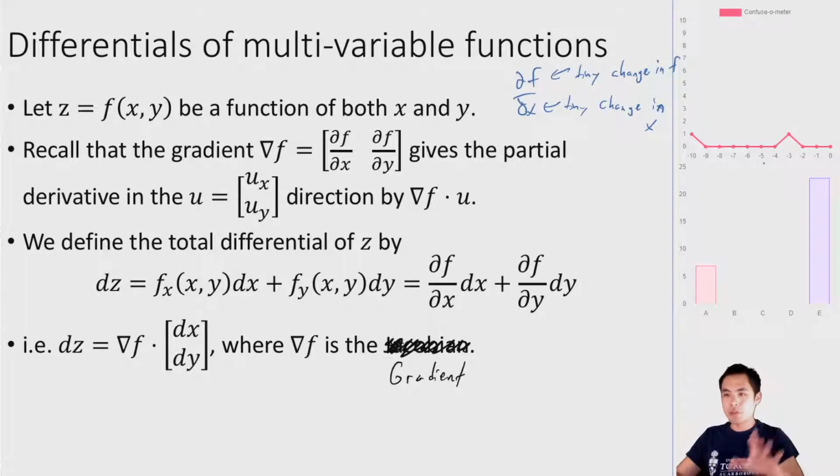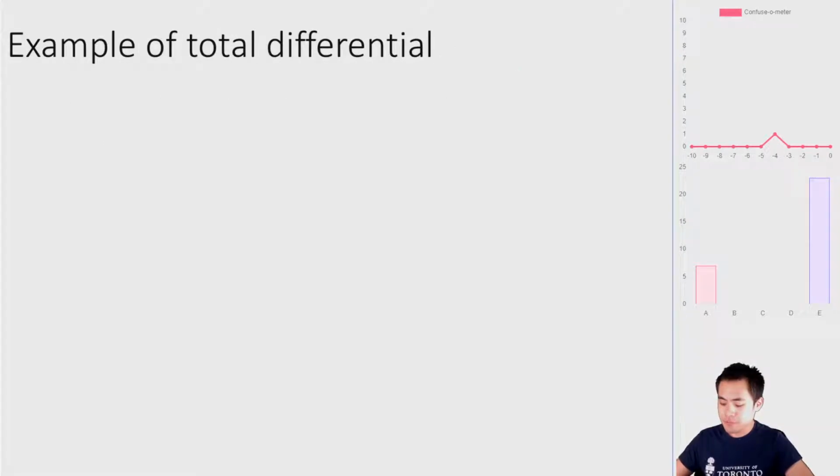This is a lot more advanced. I'm just giving you some intuition for why this is true. So you can define this total differential by taking a partial derivative of your function f with respect to x, multiplying by dx, taking a partial derivative of f with respect to y, and multiplying it by dy. We won't have time to go over this rigorously, but I will give you some examples, which should hopefully make a lot more sense. So let's start with some examples and how to actually compute these.